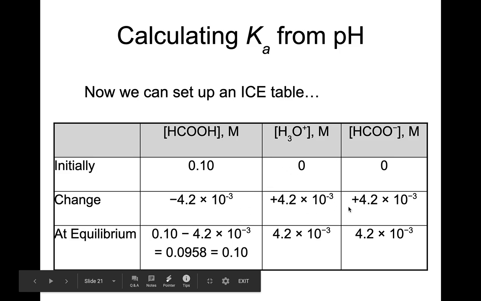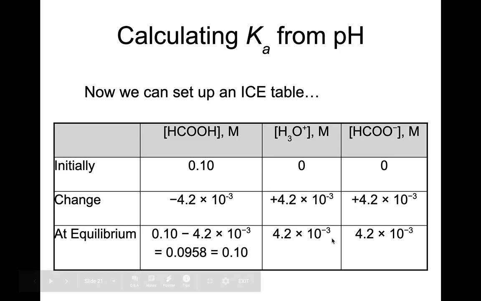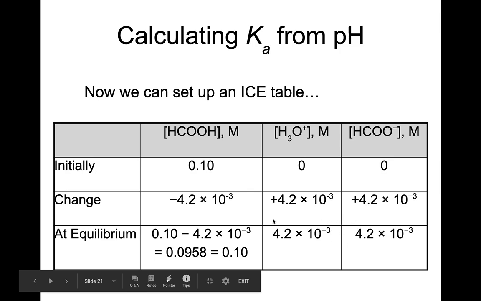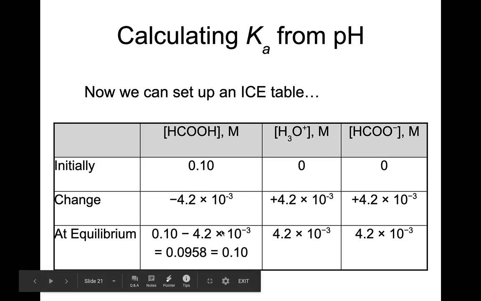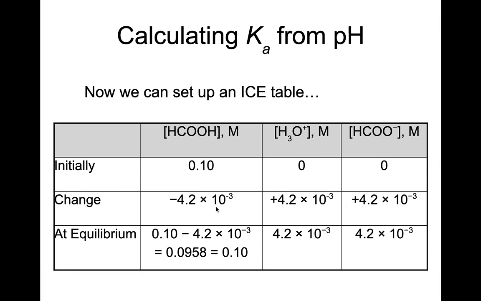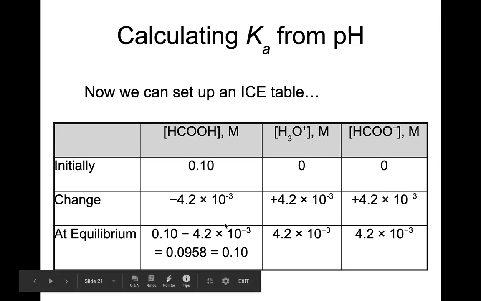There was such little dissociation that while these went up in concentration, subtracting such a small number from the initial concentration was fairly imperceptible. Just a rounding error at this point. So that's something we'll keep in mind on later examples as well. But just note that. These increased, but they did so by such a small amount, we really didn't notice a huge change here in our initial concentration.